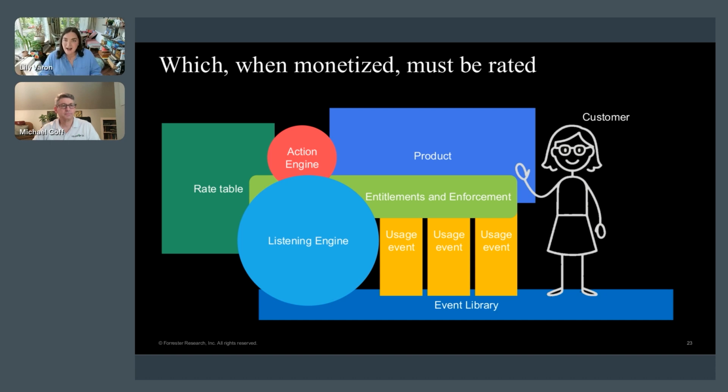It doesn't have to live on your desktop in an Excel table, that's for sure. It doesn't have to live in a billing tool necessarily either. It's this really important computational element that ties the usage events to the rest of the processes that happen.